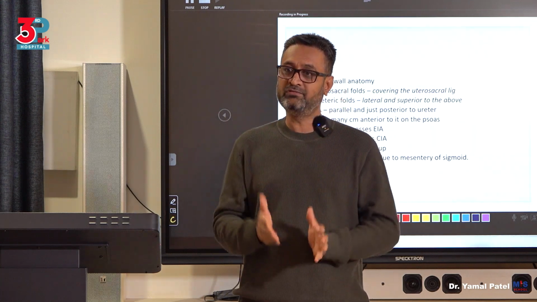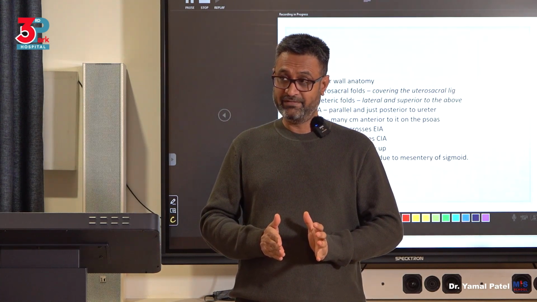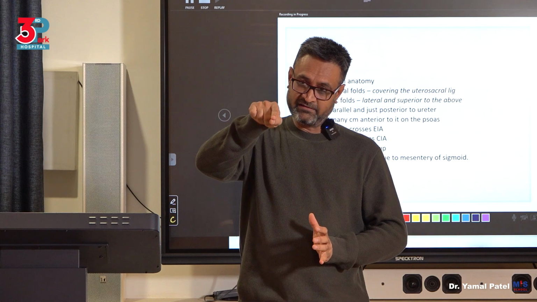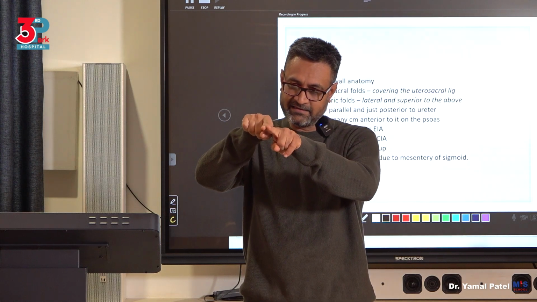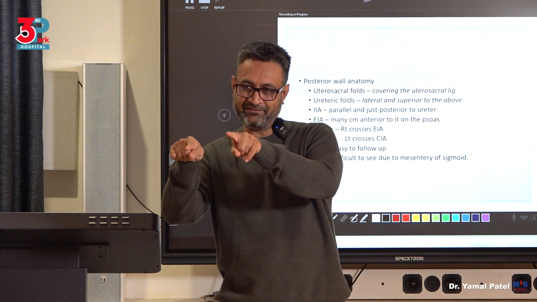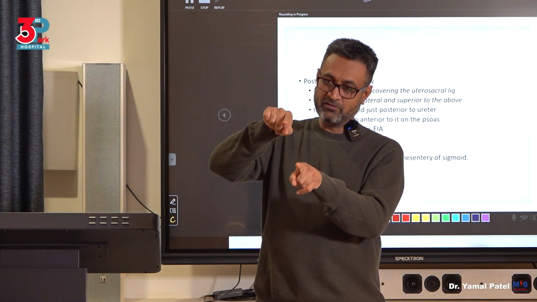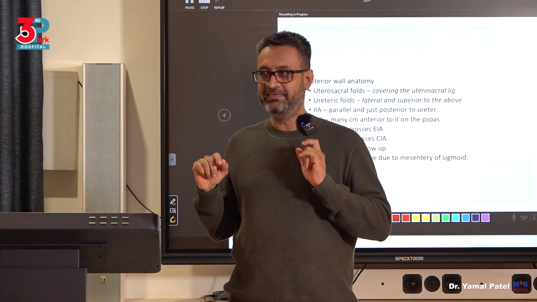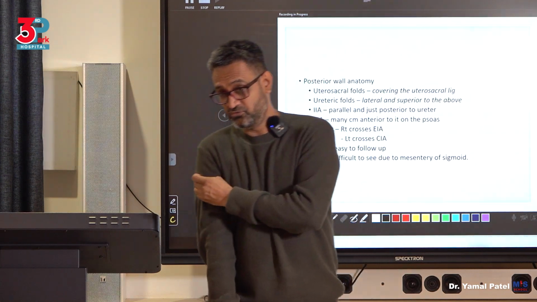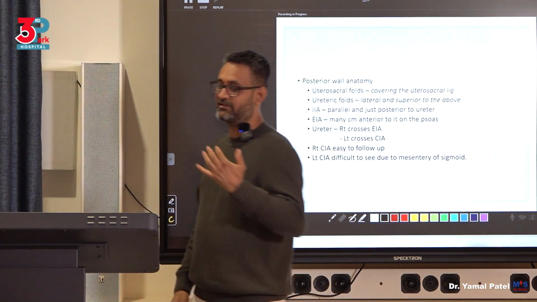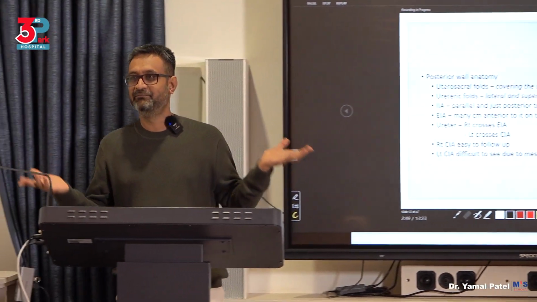This is where I use this knowledge to know, my friend, that if this is the ureter, the internal iliac is just lateral to it. The nerve is just medial to it. You get what I'm trying to explain? This is the knowledge we would use to operate in this area in a distorted pelvis.